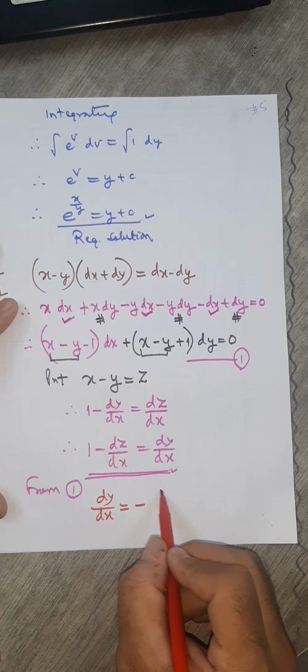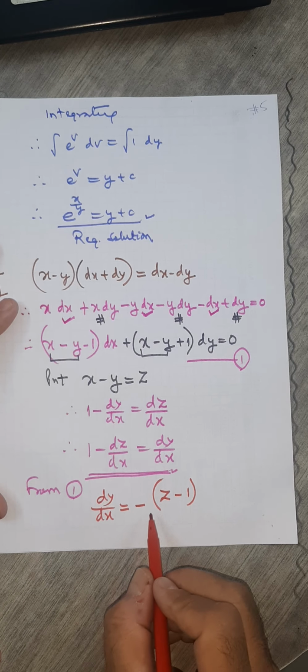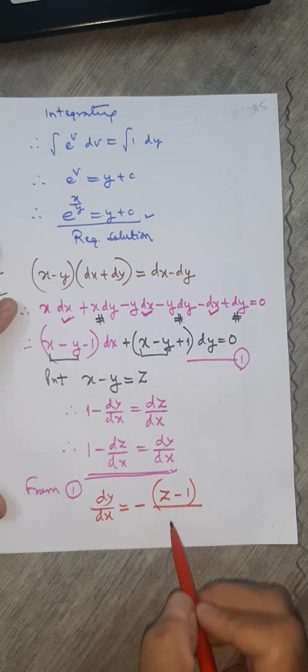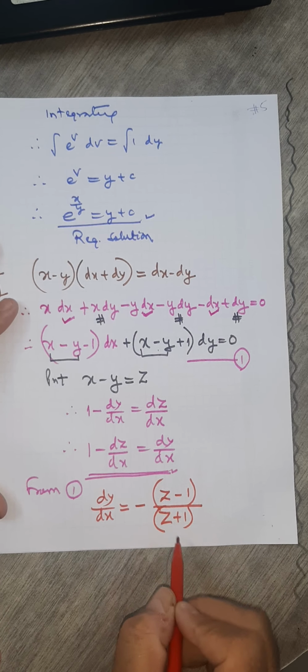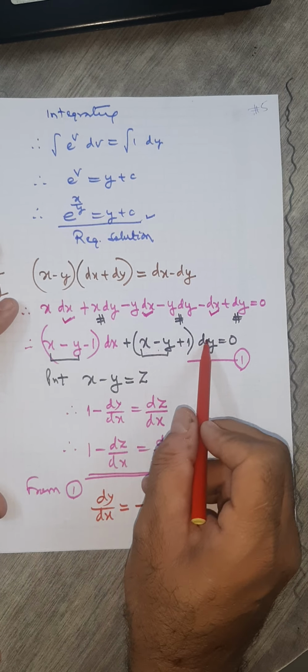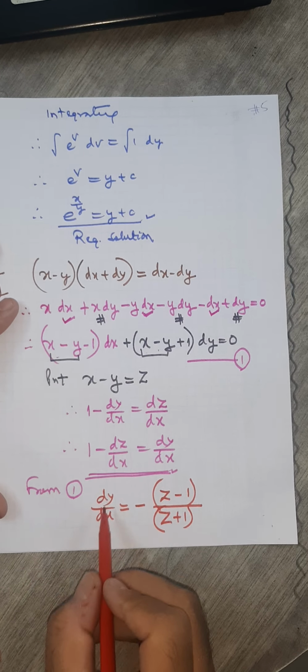But this is z here, so z minus 1 into dx, that is this, upon this will be here in the denominator, so you have z plus 1. Just check place. This into dy, so z plus 1, and dx into this, so that this.